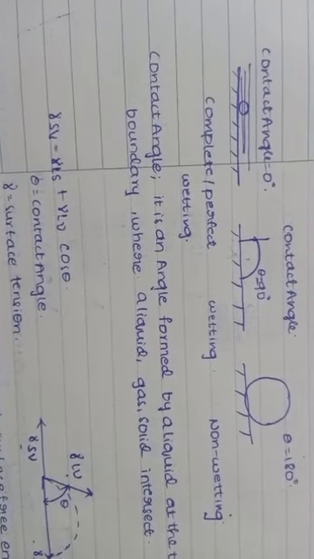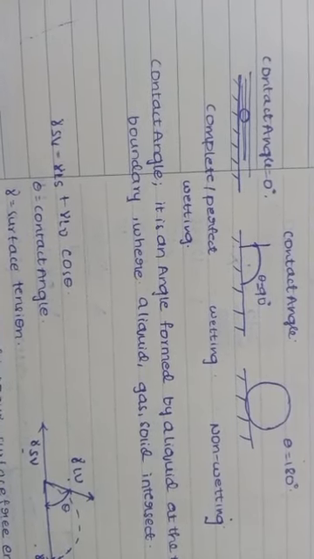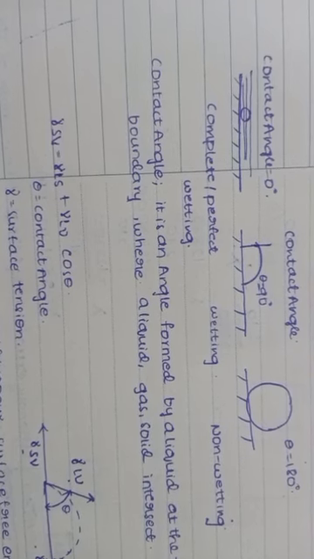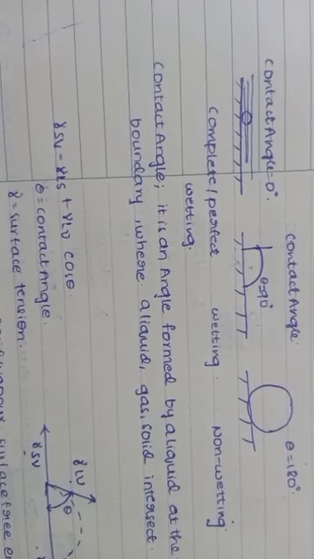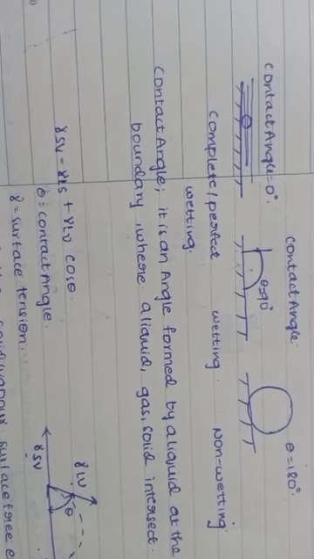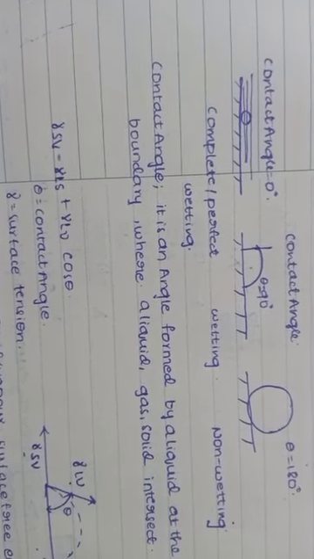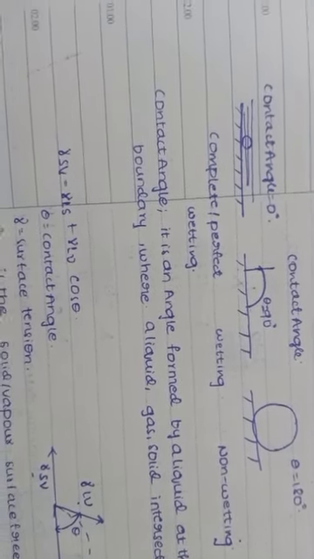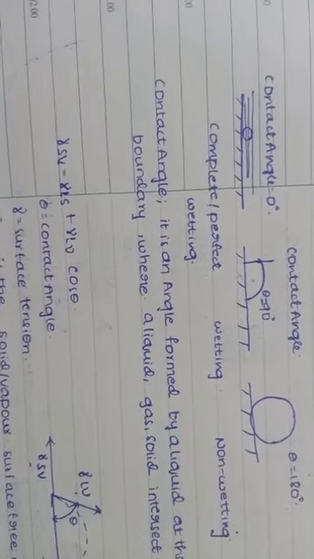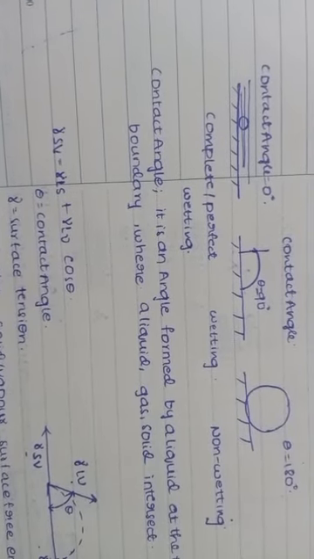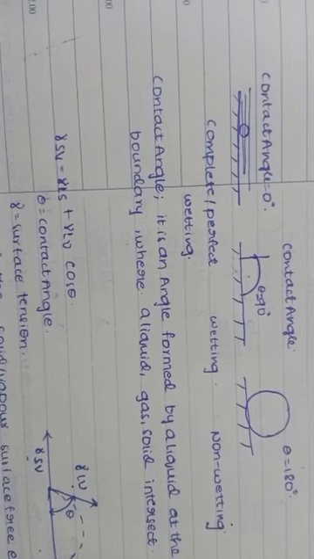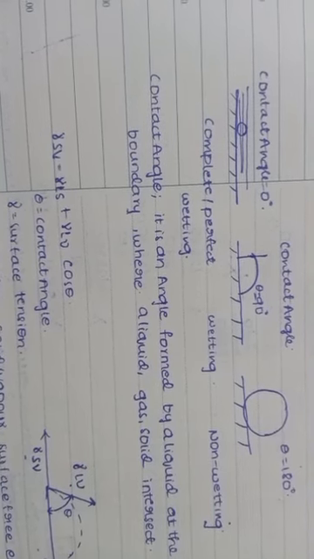Remember, contact angle is nothing but a measure of whether a particle can completely dissolve in the water medium. When it completely dissolves in the water medium, it should have a contact angle of 0, that is less than 90.